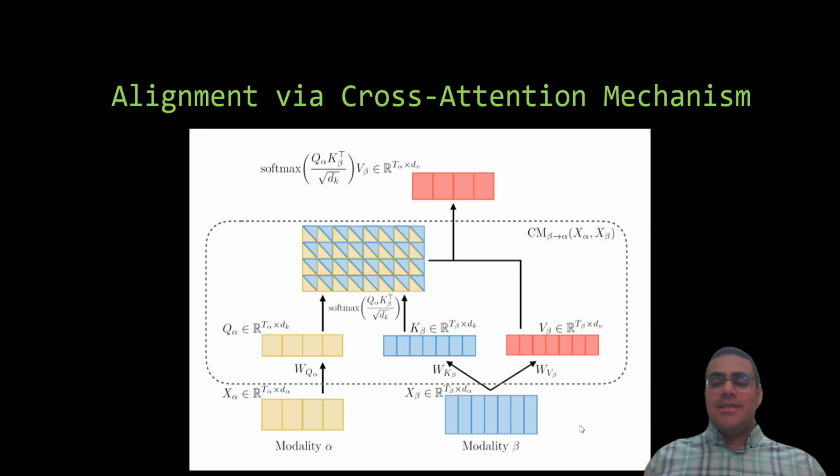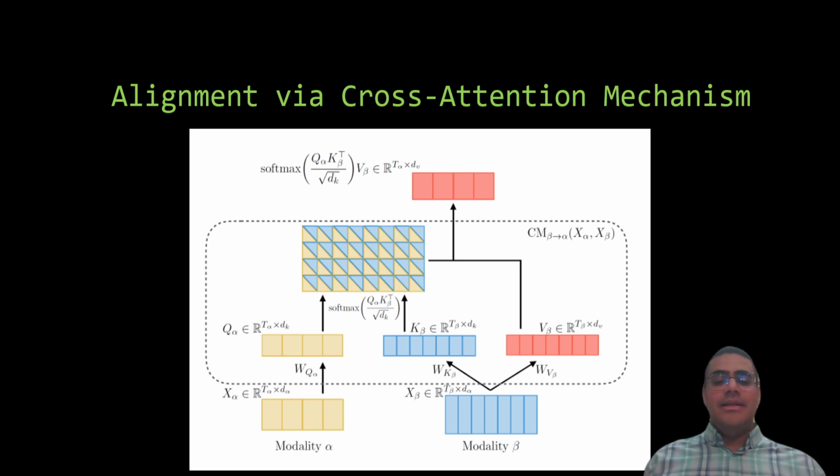Again we have the set of our query, key and value tensors. But in cross attention, we dedicate the query tensor to one of the modalities and the key and value tensors to another modality.